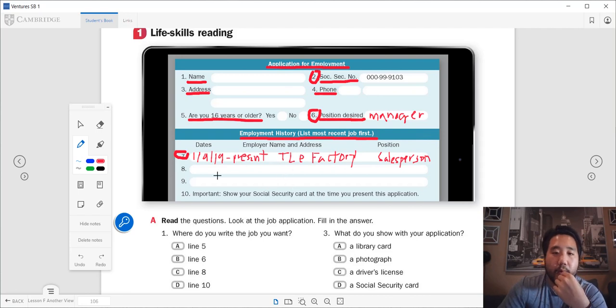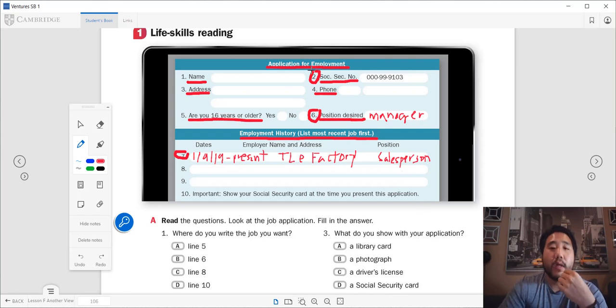So we have a date, January 9, 2019 to present. The employer name, the name of the company that I'm working for, is called The Factory. And the position is salesperson. A salesperson is a person who tries to sell you something.